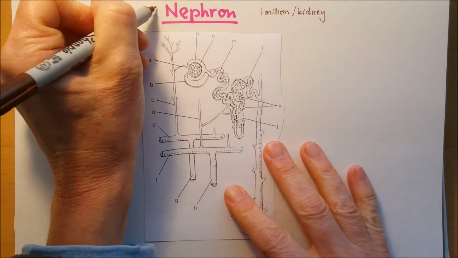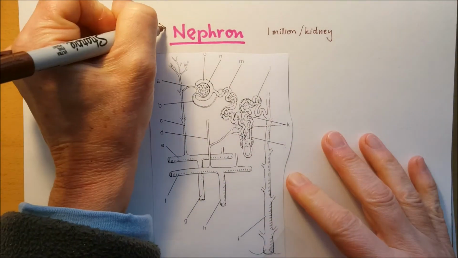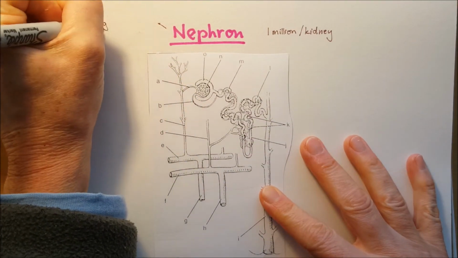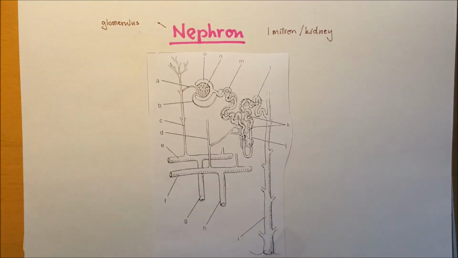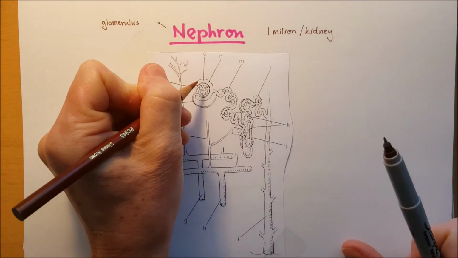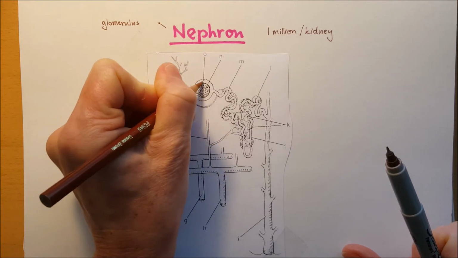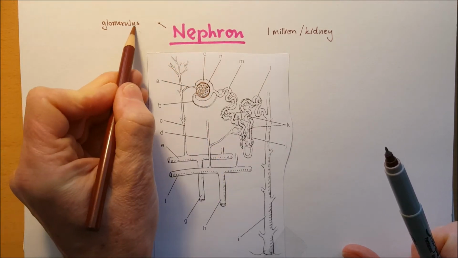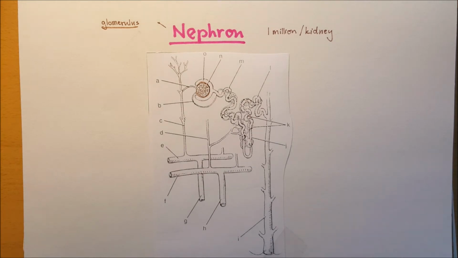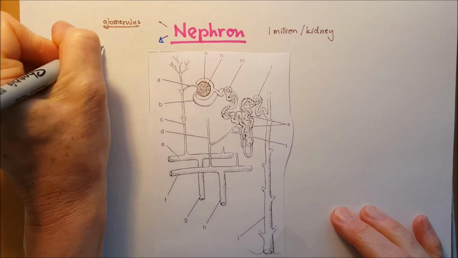They are the ones that continuously form the urine, and they contain two parts, the glomerulus part and the renal tubules.